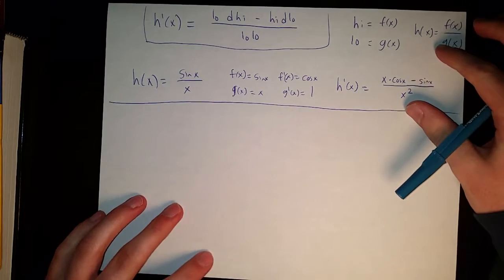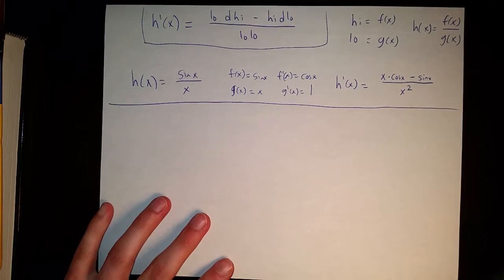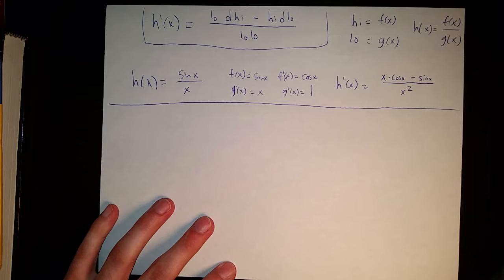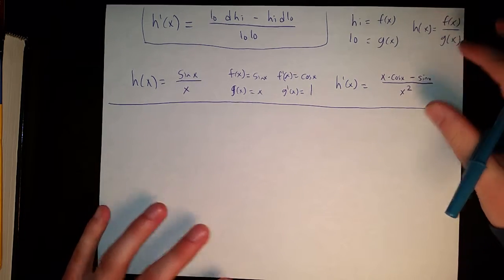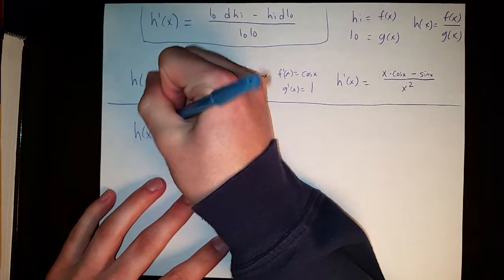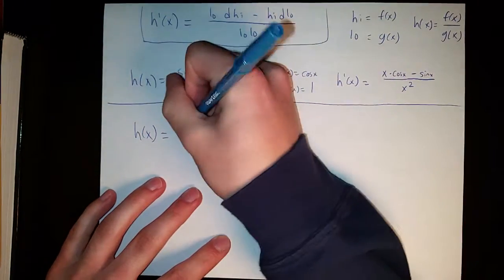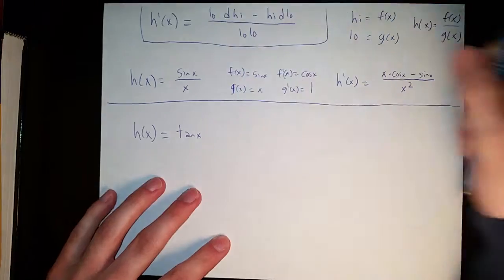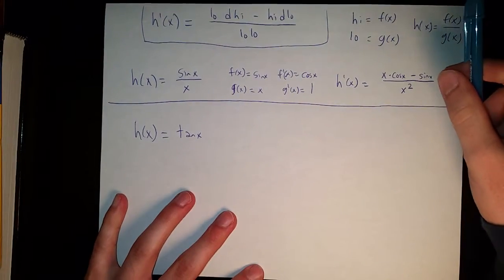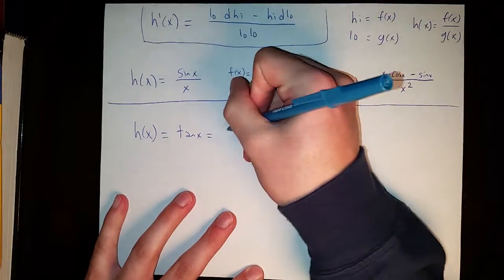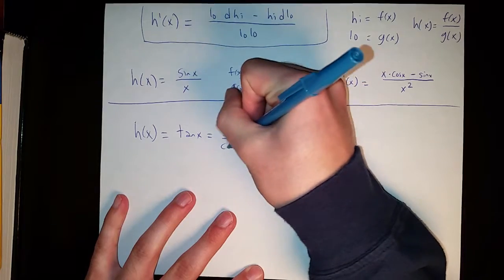Okay, so let's now do a little bit more complicated. Let's do something that is applicable from trig. Let's find the derivative of the tangent. As we know, that's equal to sine of x divided by cosine of x.